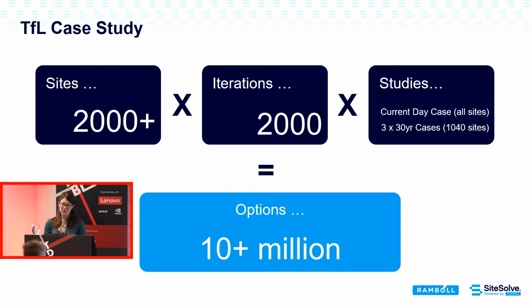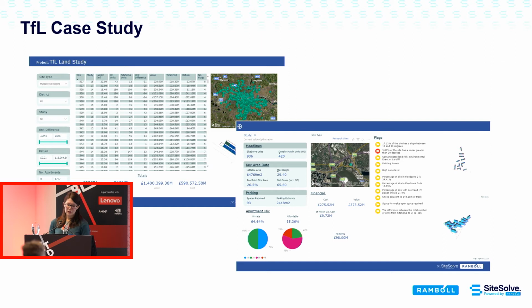And obviously there was a setup time in developing the methodology and linking up with the various parties, but once it was set up, this took a matter of hours rather than the days, months, maybe years that it would have taken if you were to try to do it manually. And we were able to produce for the client a dashboard which allowed them to prioritize and filter to see which sites had the most potential.